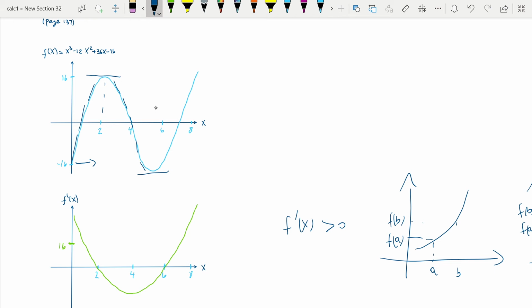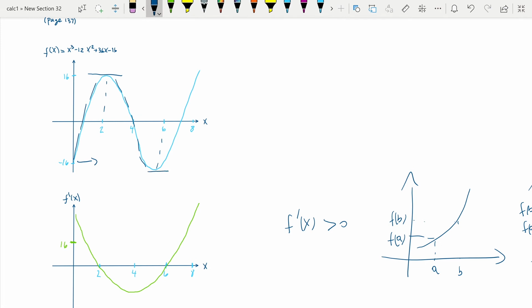Remember, we know that when that happens, the function has a horizontal tangent. Okay? And then for values greater than 6, f prime is positive again, and so the function will be going up. So all the slopes here are going to be positive.